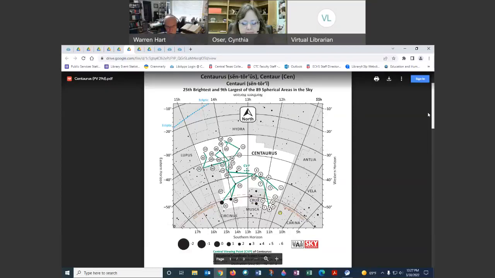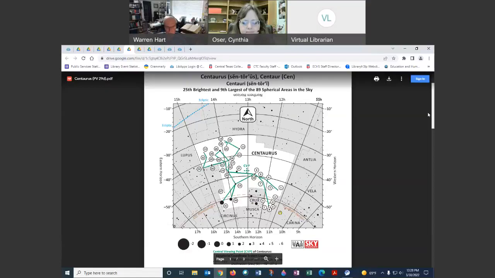And notice right in between, just under his belly, right there is Crux, and on down was Musca. So that gives you an idea when you're looking to orient yourself to the sky, and that you can see the different things there.